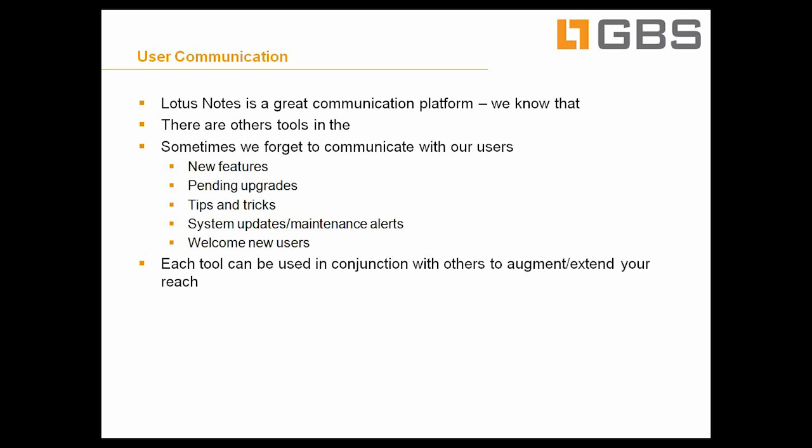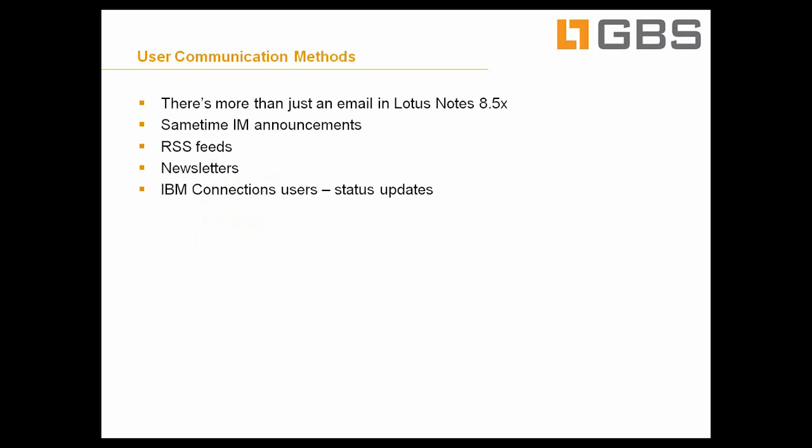All of these tools we're going to talk about can be used in conjunction with each other or used to extend or augment your reach to the user community. So as we were talking about, there's more than just email and Notes. If you've got Sametime, you've got the ability to do announcements to users, so you can send out a one-way blast. There's RSS feeds that are available. There's the feed reader that's in the sidebar that you can configure.